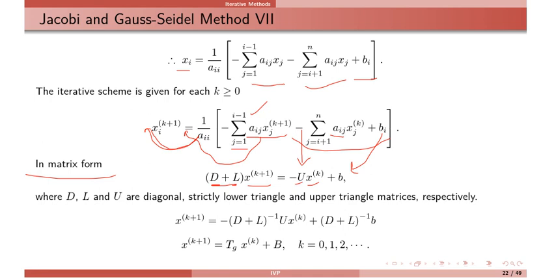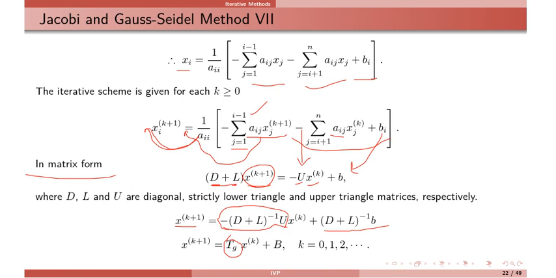And from here you get xk plus 1, so just multiply with (D plus L) inverse. On the right-hand side we get minus (D plus L) inverse U, and (D plus L) inverse with b. The matrix with xk is denoted by Tg. So what is Tg?